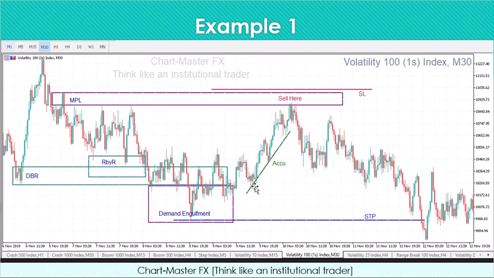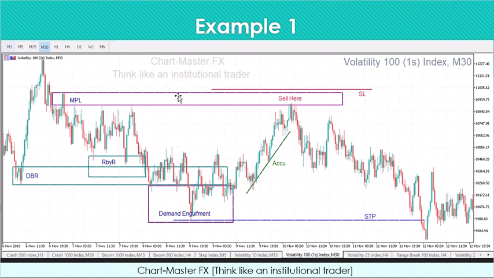You can see, guys, that the price came to this MPL in form of accumulation. The price was making an accumulation, and here we have a clear MPL. You need to know which MPL you are dealing with. Go to the journal article on MPL, and you will know which MPL you are dealing with.